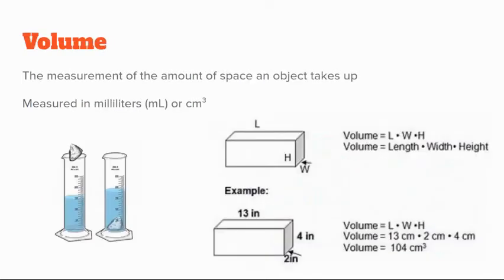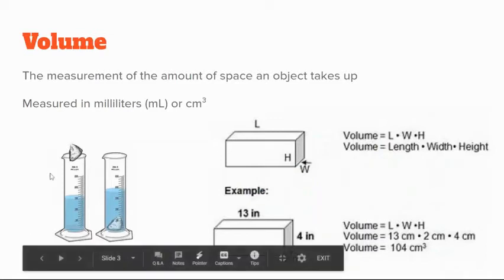We also have volume. Volume is the measurement of the amount of space an object takes up. We can measure volume in 2 different ways. We can measure in milliliters by using water displacement, and we typically do this for odd-shaped things, like rocks, people, whatever.